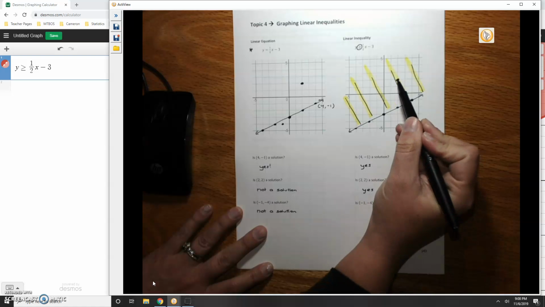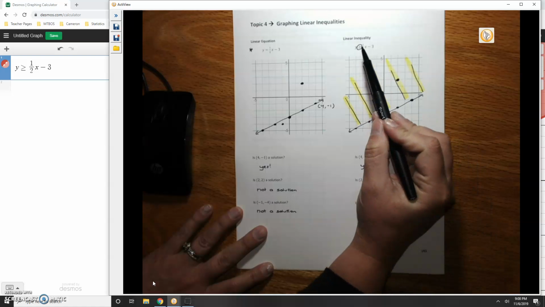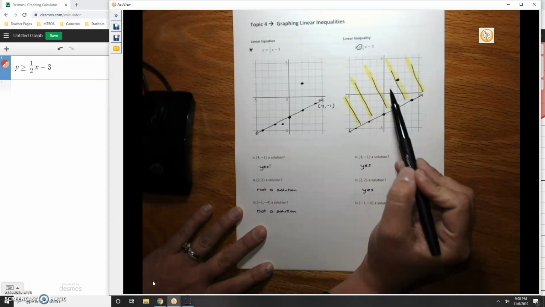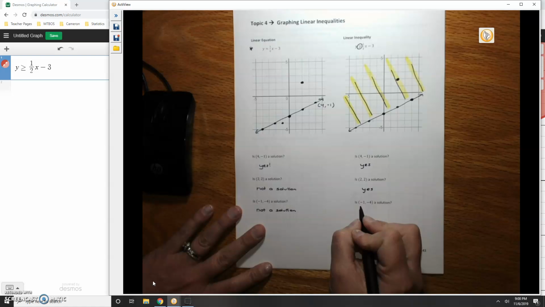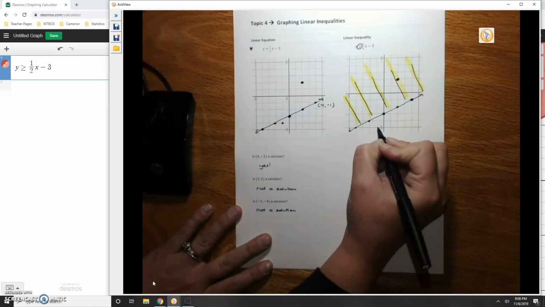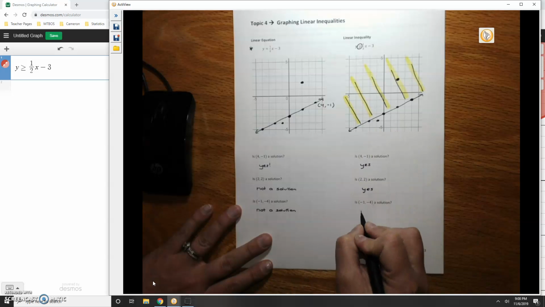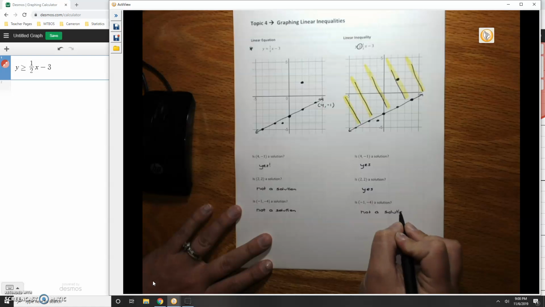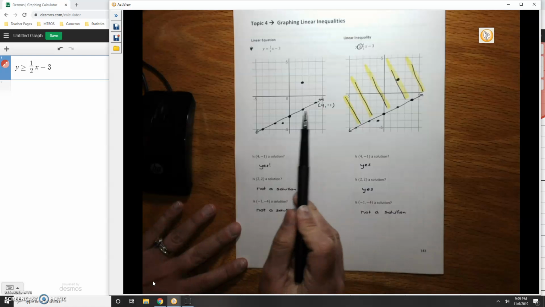That is a point that is above this line. Y is greater than or equal to this line. However, is -1, -4 a solution? No, -1, -4 is below, so that is not a solution.